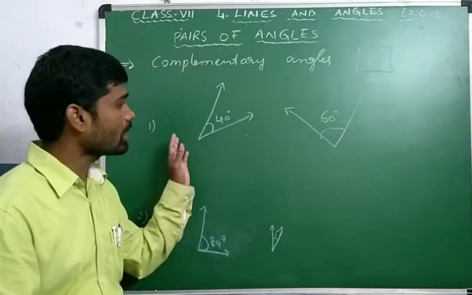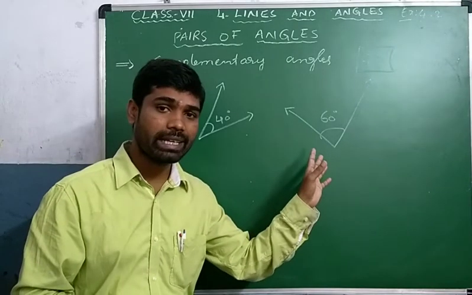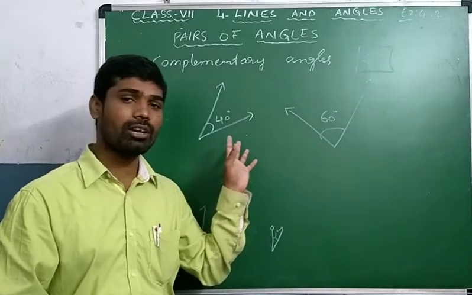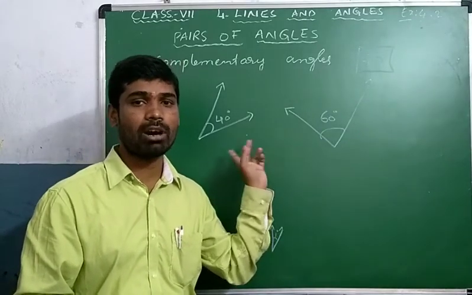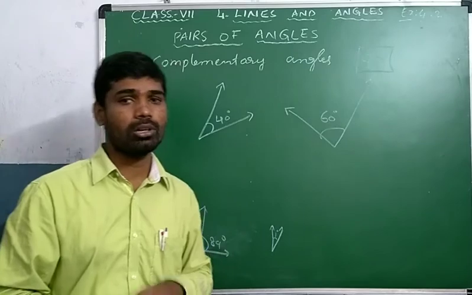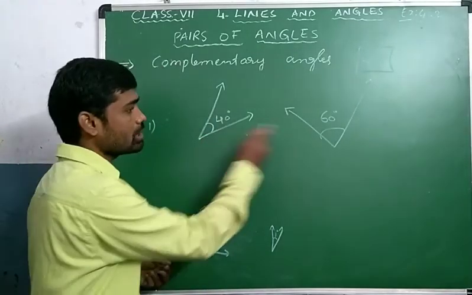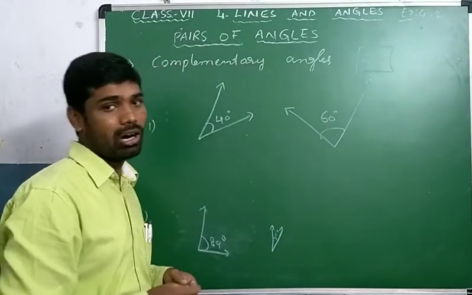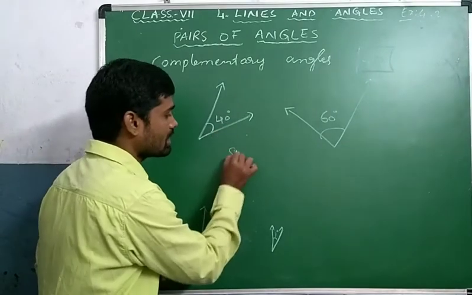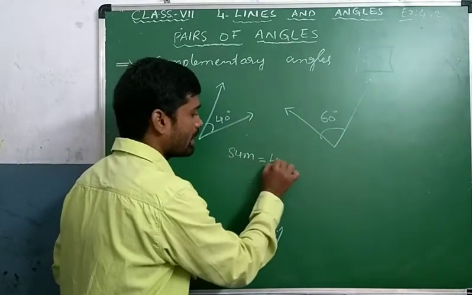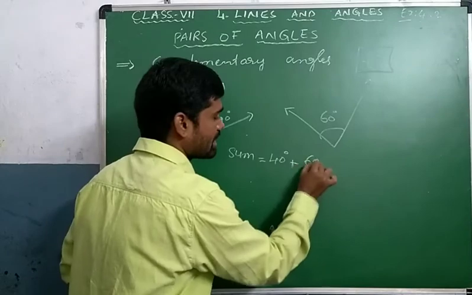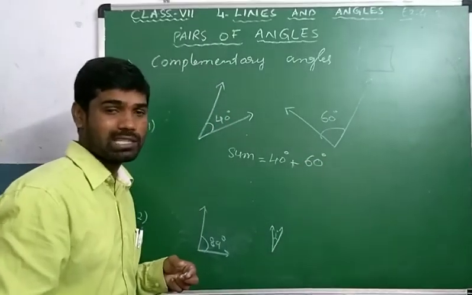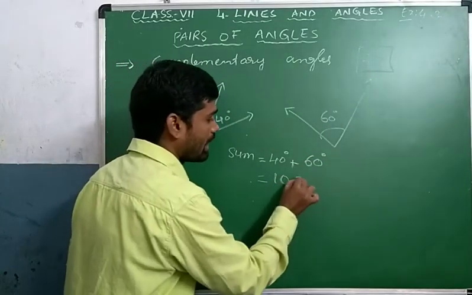Here, check whether two angles are forming complementary angles or not. So what do we understand complementary angles to mean? The sum of two angles must be equal to 90 degrees. Let us check whether these two angles sum to 90 or not. What are the angles here? One is 40 degrees and one is 60 degrees. So 40 plus 60 is equal to 100 degrees.